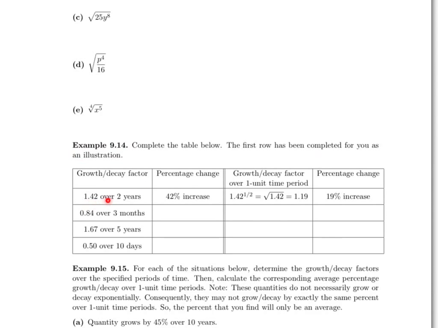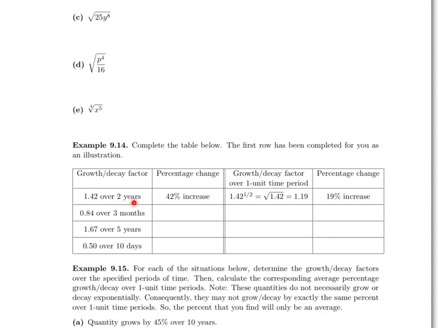So suppose that you have a factor of 1.42 over a 2-year period. The 1.42 corresponds to a growth, in this case, of 42%. So in terms of the percentage change, we're talking about a 42% increase.